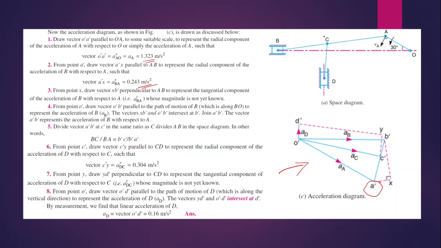By examining this particular link, we can say that the acceleration of B with respect to A must be towards A, and we can take that x located below a, or we can take that x above a.